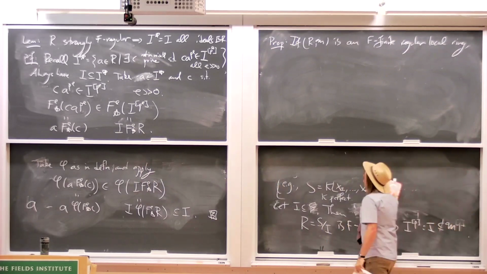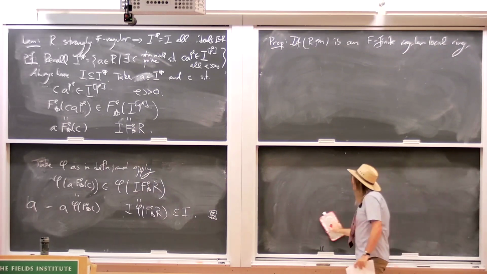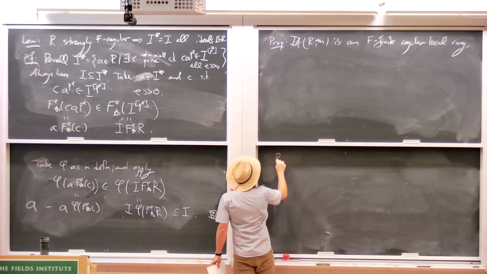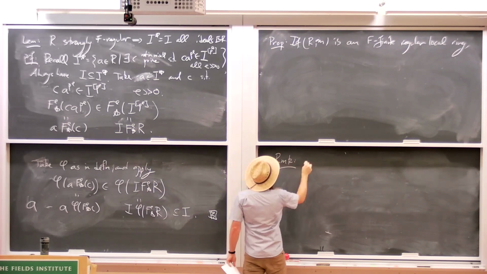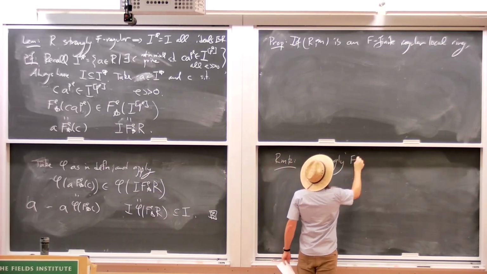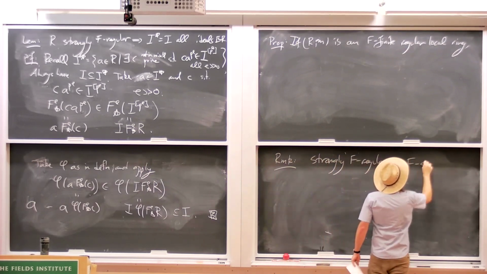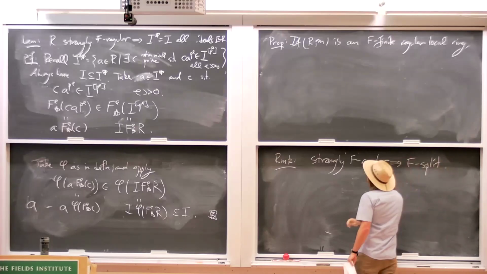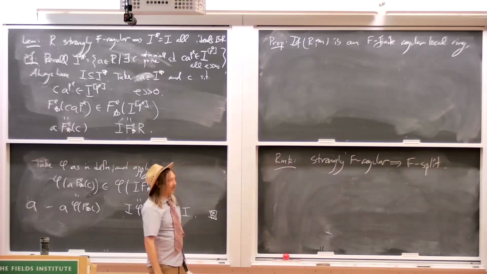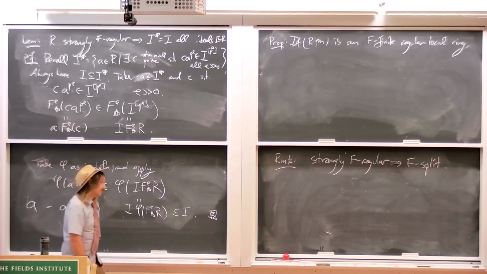Should have said this when I first put down the definition, but strongly F regular implies F split. Take C equals 1.